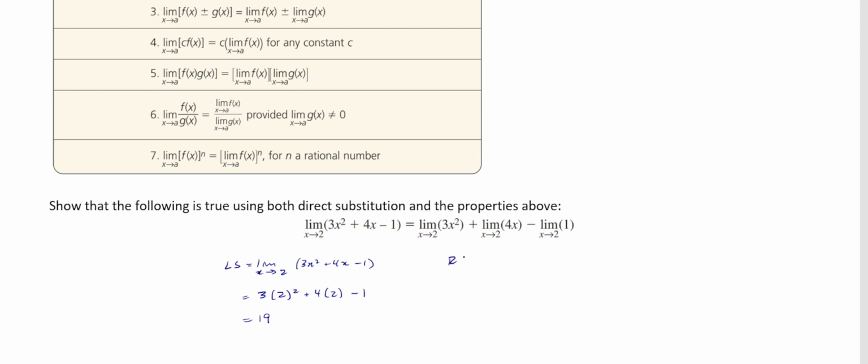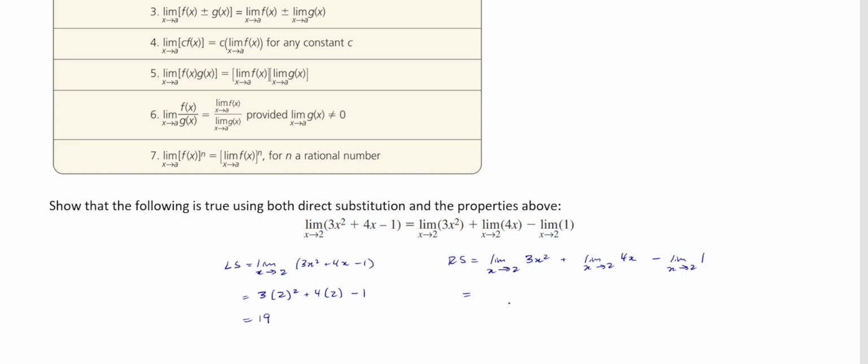Now, what I can do is separate these terms and treat them as individual functions: a quadratic function, a linear function, and a constant function. So the limit as x approaches 2 of 3x squared plus the limit as x approaches 2 of 4x minus the limit as x approaches 2 of the constant 1.